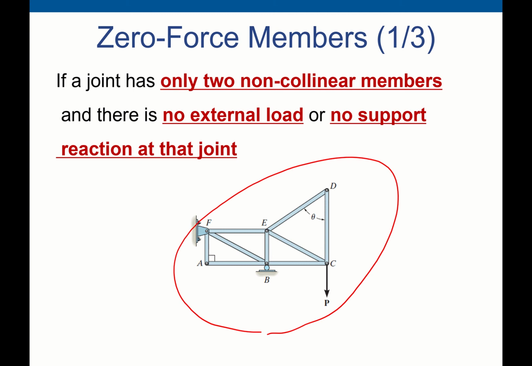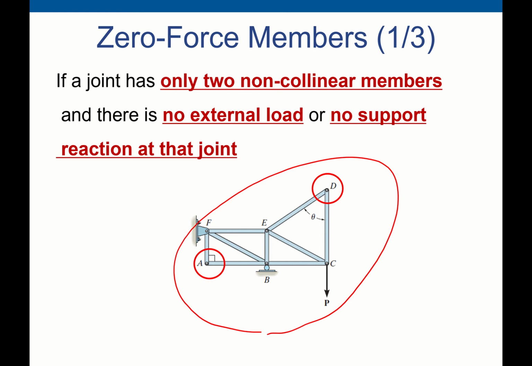For example, you can see joint D and joint A. There are 2 members at each, which are AF and AB, and DE and CD. Those 4 members have no support reaction and no external load.